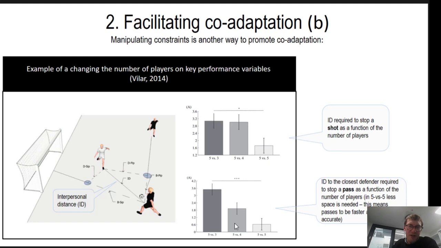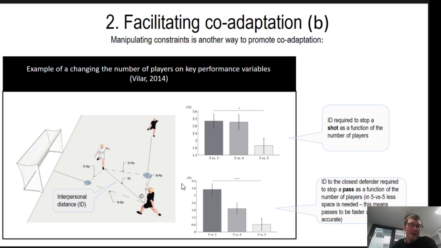Okay. We can also see that if we go from 5 versus 3 to 5 versus 5 formats, the required distance for a successful pass also reduces. So successful passes tend to be very short, right?